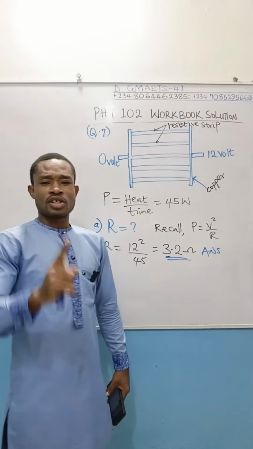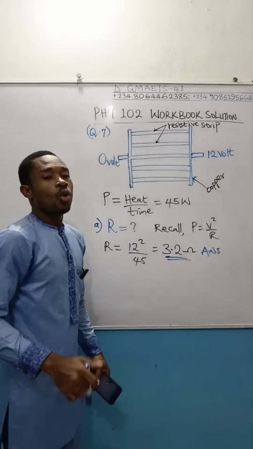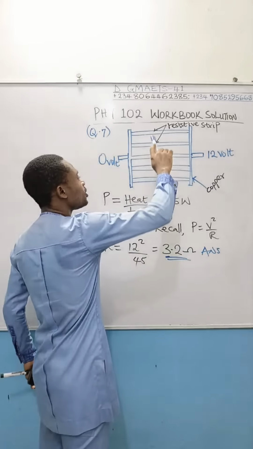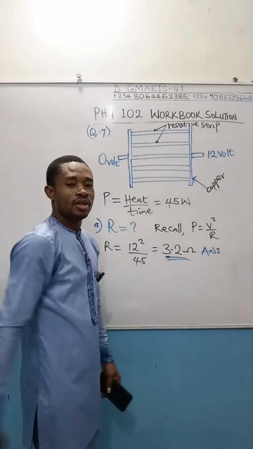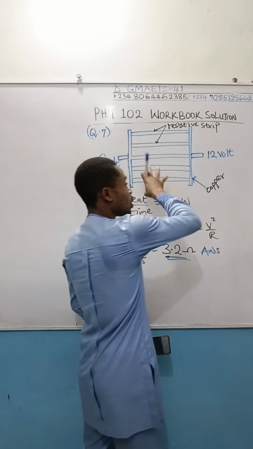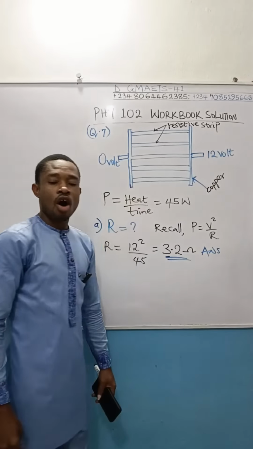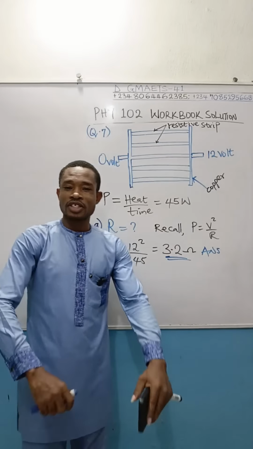Then secondly, every condition, say temperature, the voltage, the power, applies to each of them. What is happening in this strip is what is happening in this strip and here. Because of course, the whole strip was connected to the same source of potential difference.